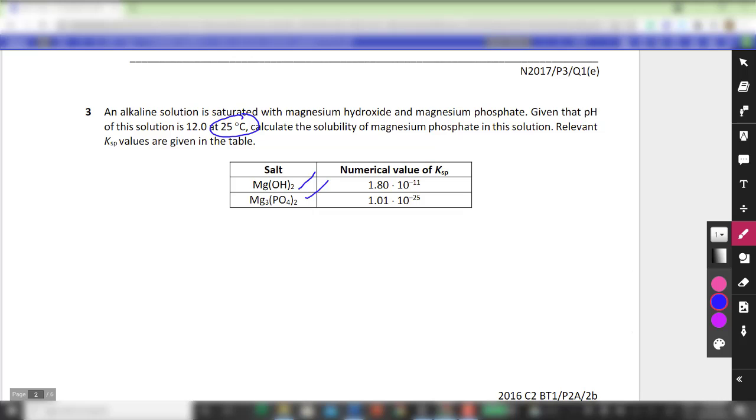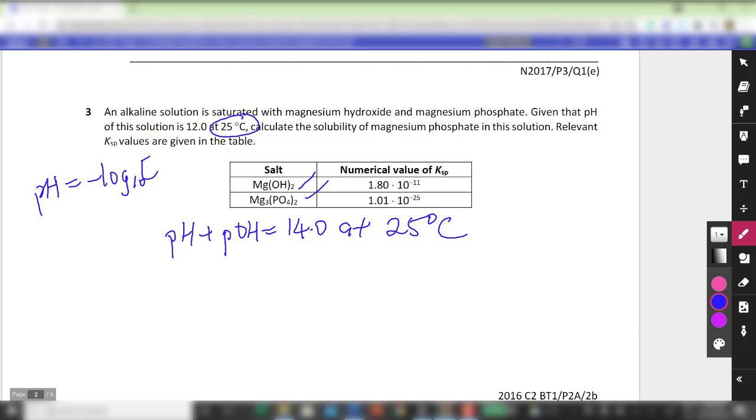Because if you remember from the last page of your notes, you were told a special relationship which you will learn in JC2, that is pH plus pOH is equal to 14.0 at 25 degrees C. Remember that pH is minus log base 10 of the concentration of H+, and pOH is minus log base 10 of the concentration of OH-. So in this case, we can obtain pOH to be 2.0.